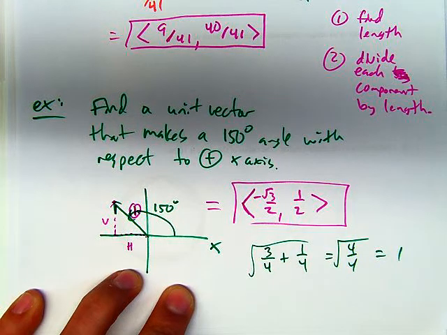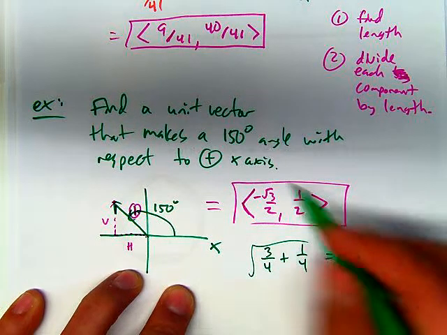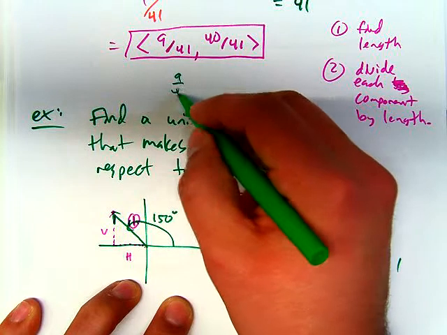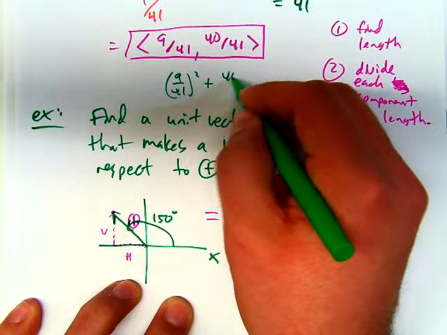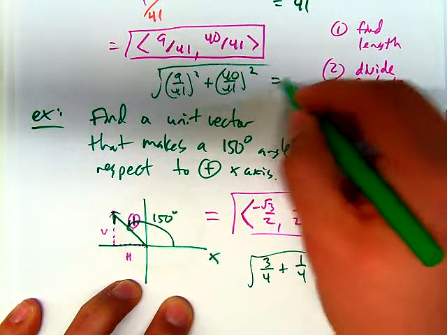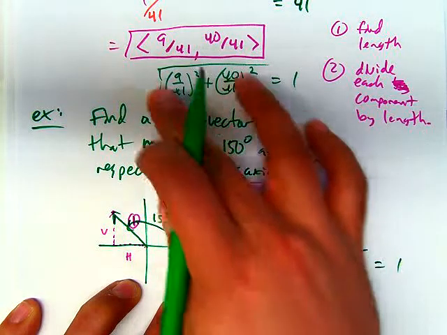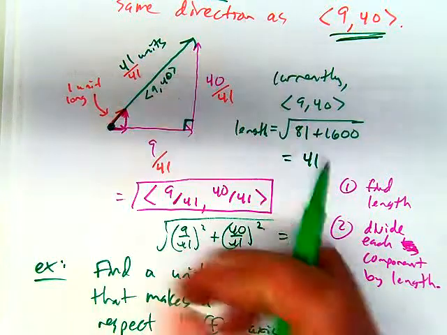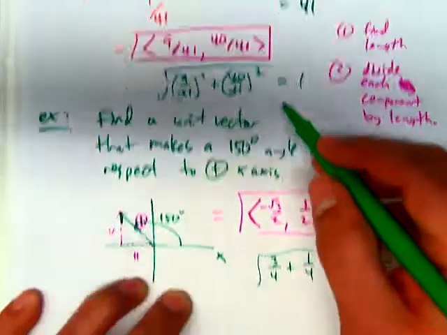And if I square root that, that certainly is 1. And if you do that up here with this previous one, it's the same idea. If you do 9 over 41 squared plus 40 over 41 squared and square root that, that's also going to give you 1. So these vectors here are just shorter versions of the same vectors in the same direction, just 1 unit long.